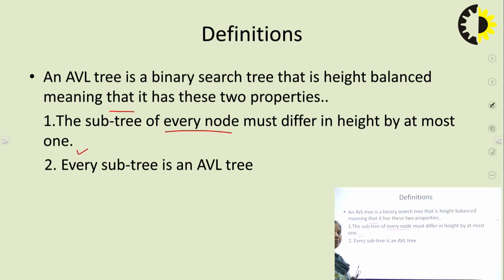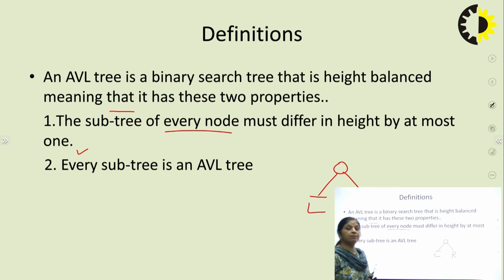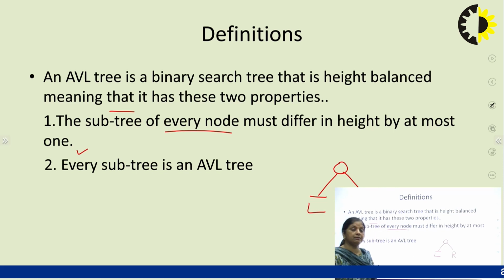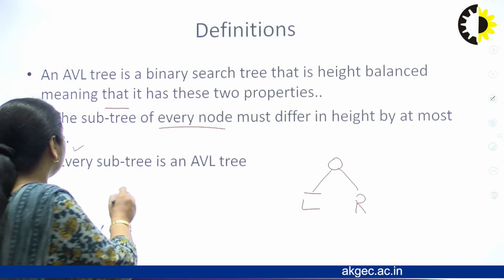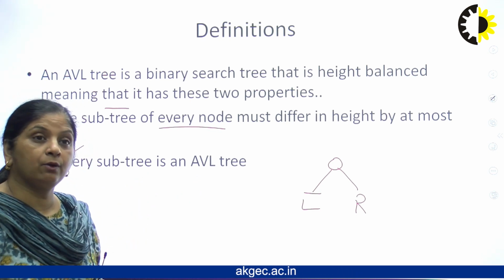If I consider this particular node, it has two subtrees, left subtree and right subtree. So the maximum difference in the height should be just 1. So we are allowed two values, 0 or 1. The second property: every subtree of this tree is also AVL.